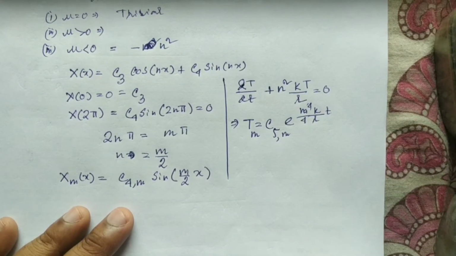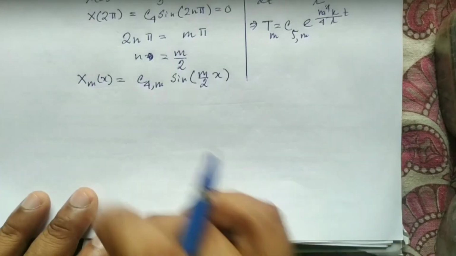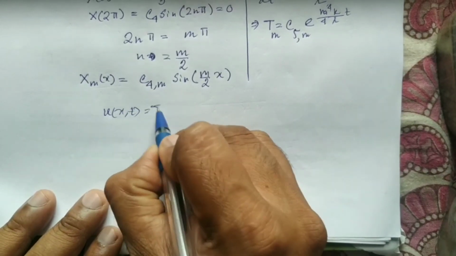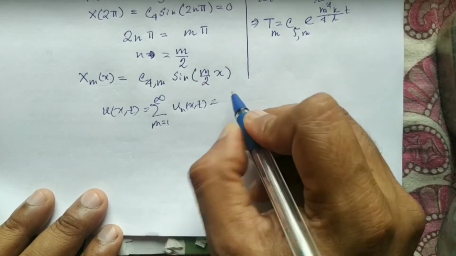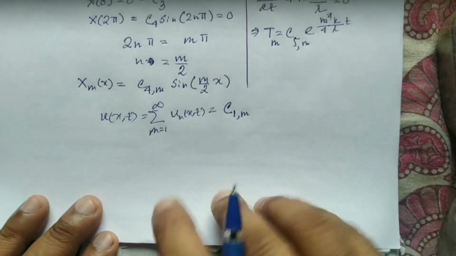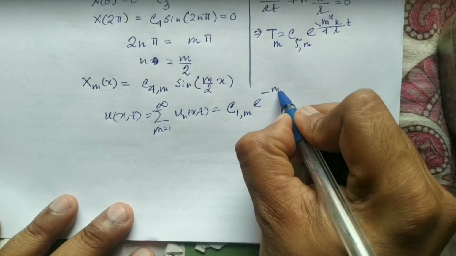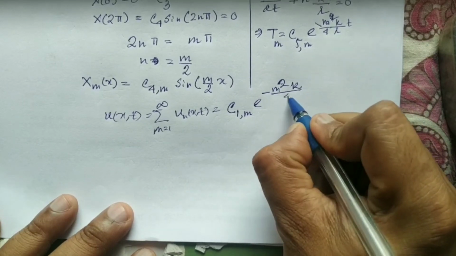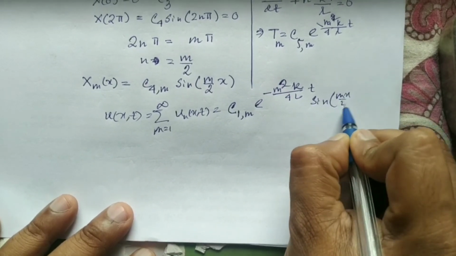Okay, and multiplying these two, you can now write u(x,t), actually the sum over m equal to 1 to infinity of u_m(x,t), and this is equal to, multiplying these two constants, I'm writing c1m e to the power, there should be a minus, very sorry for that, minus m square k by 4l t multiplied with sin(mx by 2).